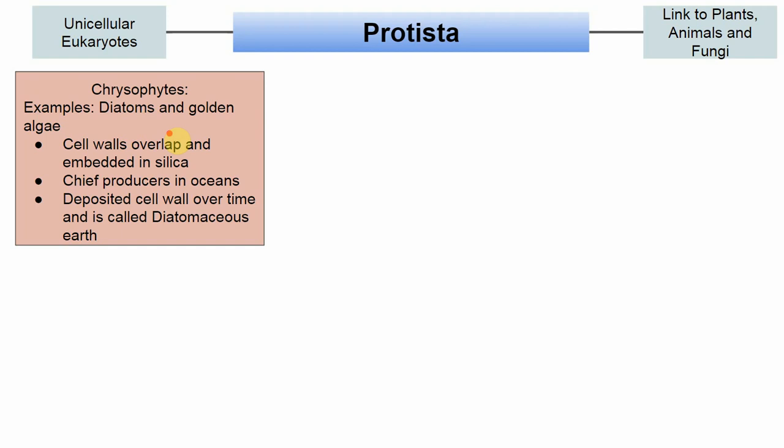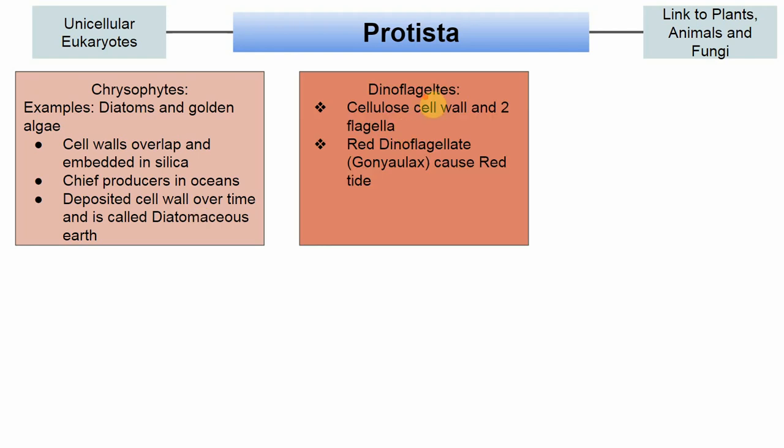Diatoms have overlapping cell walls and they are mainly embedded in silica. They are the chief producers in the oceans, and throughout the course of time, diatoms have been deposited into the oceans, referred to as diatomaceous earth, which is mainly used for polishing and filtering syrups and oils. Next is dinoflagellates.